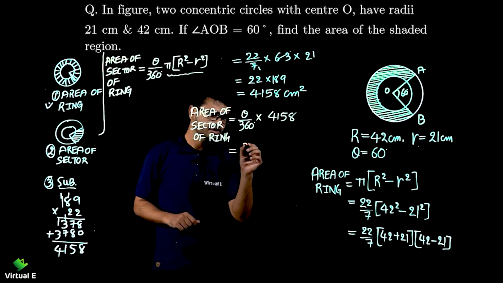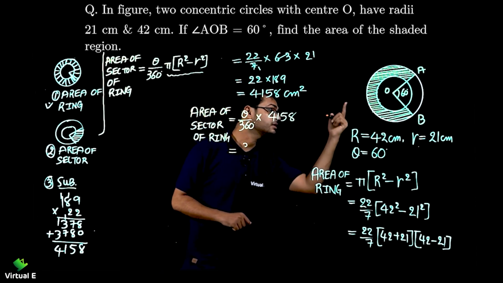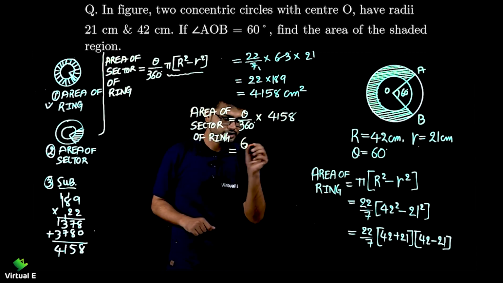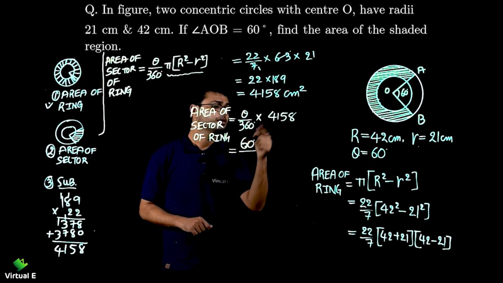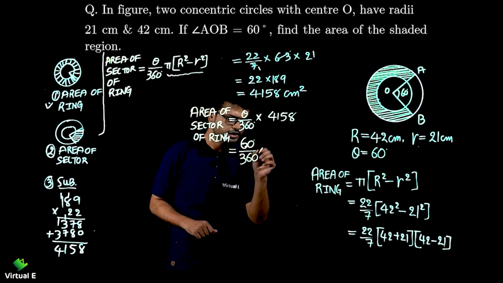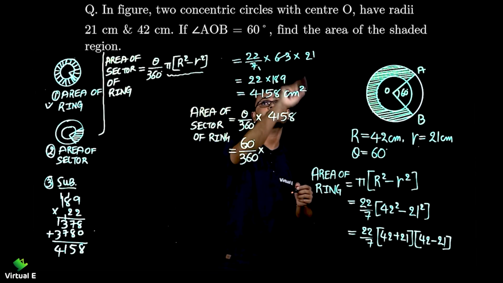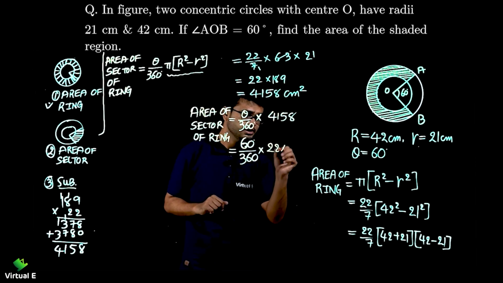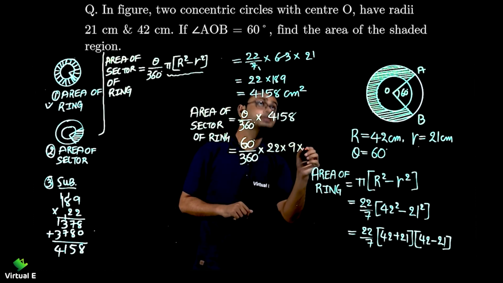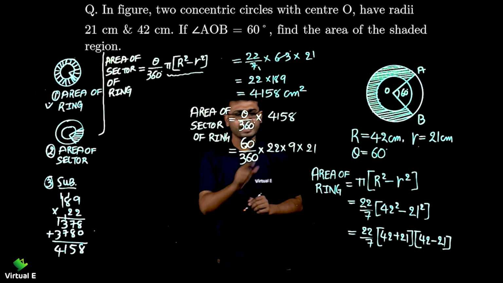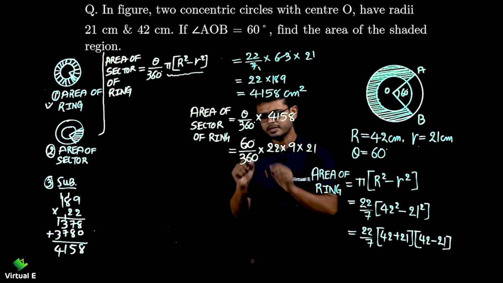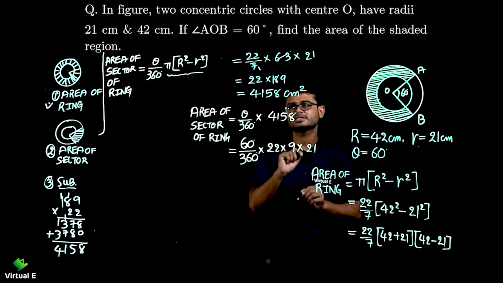So here theta is 60 degree, okay, 60 by 360 degree multiplied by 4158, right? So we can write this as well, 22 into 9 into 21. Why have I written these three numbers? The reason behind that, it is easy to do the cancellation.